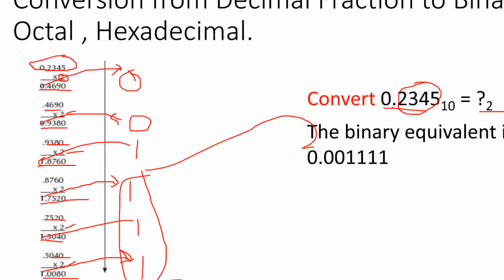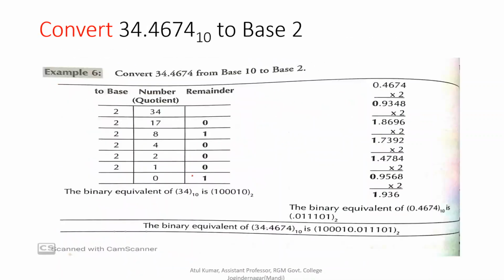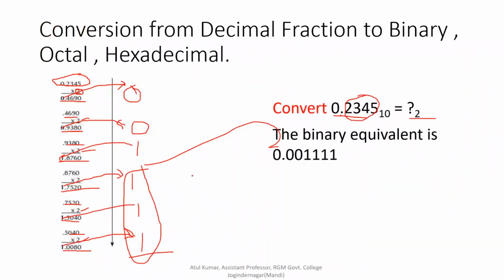Now in order to convert this number into a binary number, we first write a point and then start writing from upward to downward. In the previous example where we divided a number, we started from downward to upward, but in this case we have to write the numbers from upward to downward.